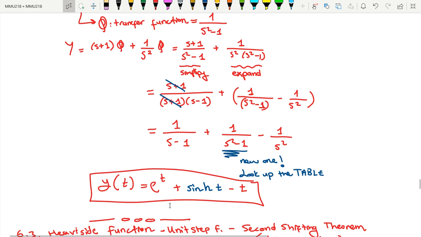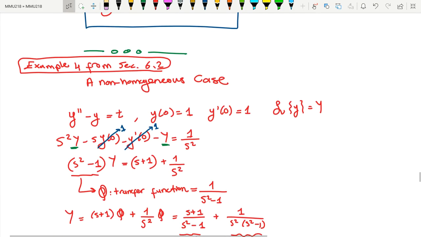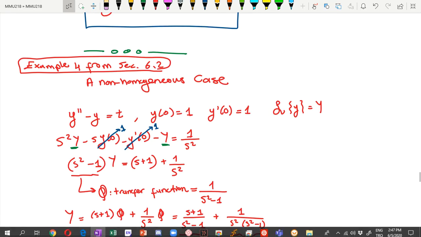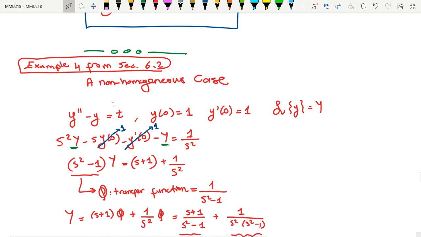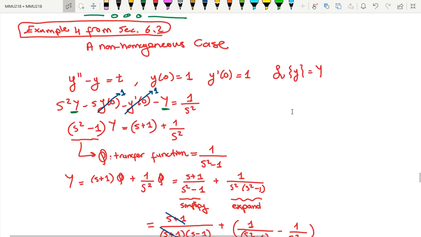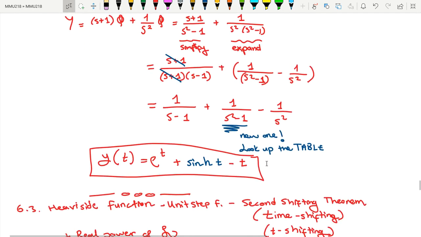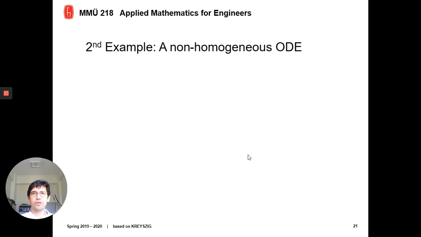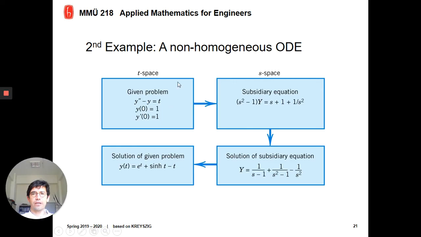So this is our expression. This is our function, and this is our output function. If you input to this system a function like this, then this system will transform it to an output like this.